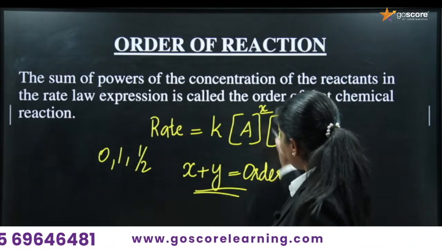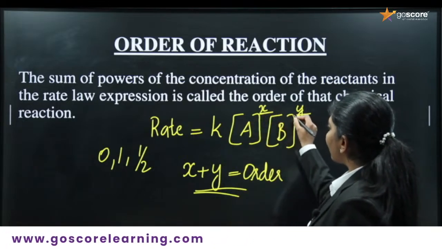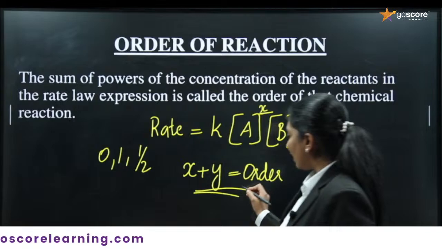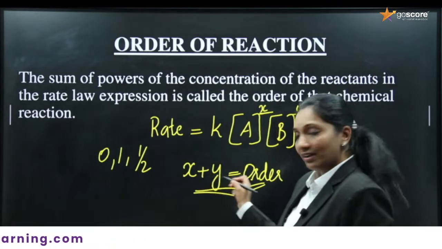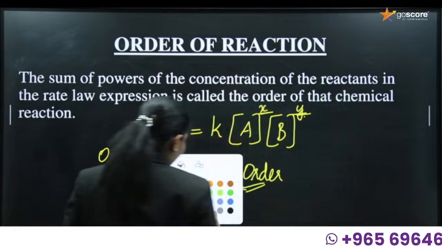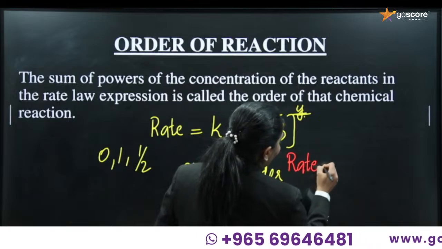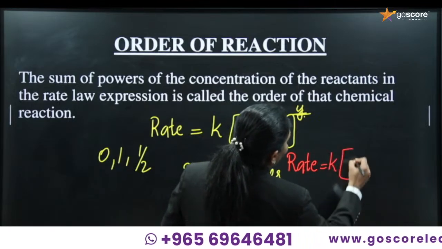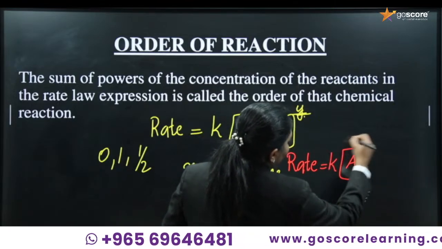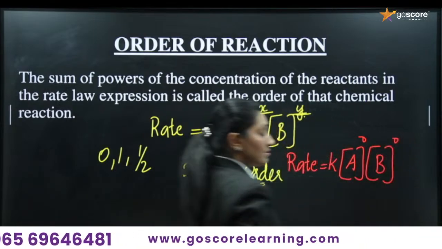If this value is 0, what does it indicate? Let's see if X and Y are 0. If your order is 0, that indicates these two exponents are 0. So how can we write the rate equation? Rate is equal to K into concentration of A raised to 0 and concentration of B raised to 0.